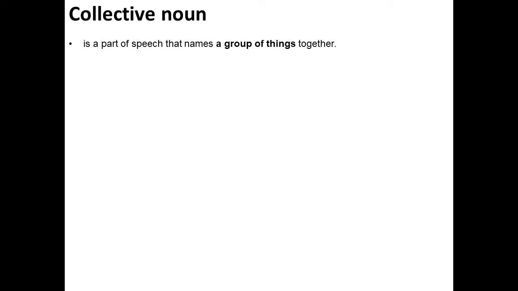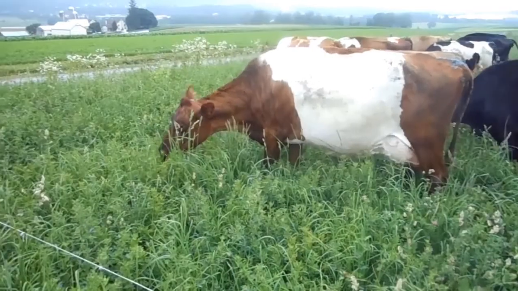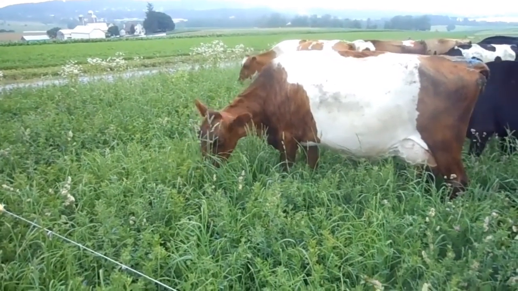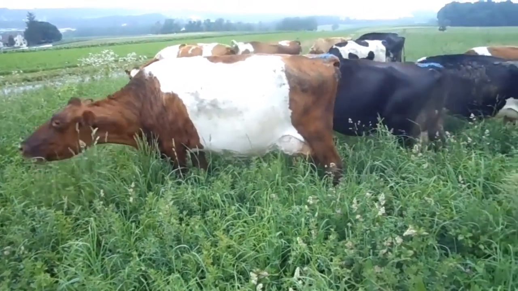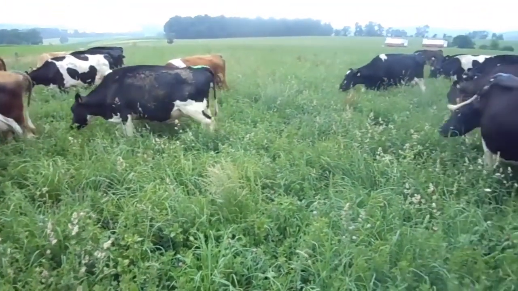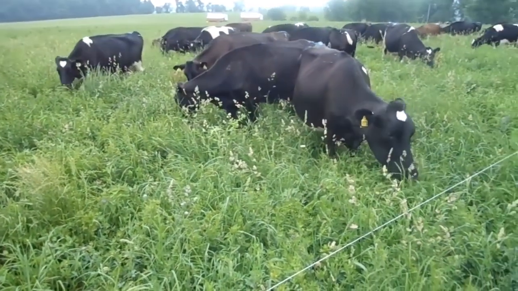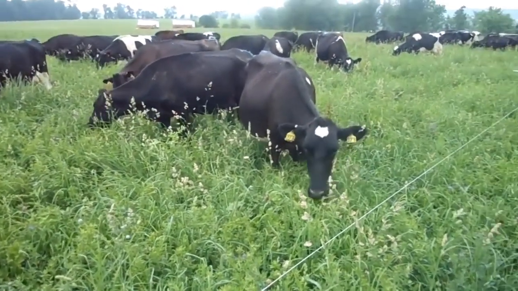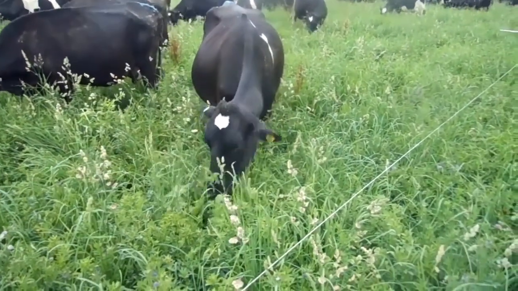Have you ever seen cows grazing the grass, cows that are being tended, doing farming activities like grazing? That is a collective noun. We group individual things together: collective nouns.